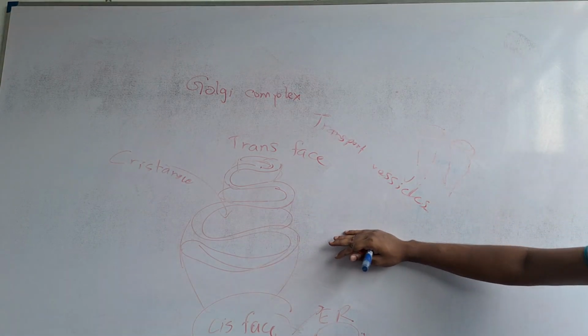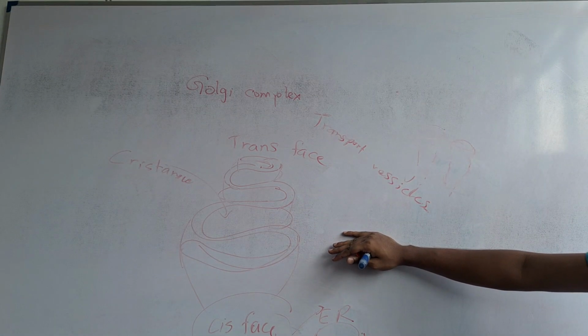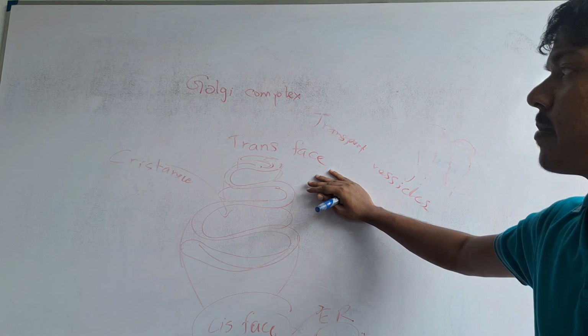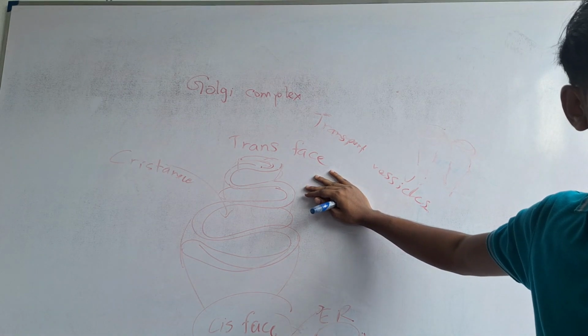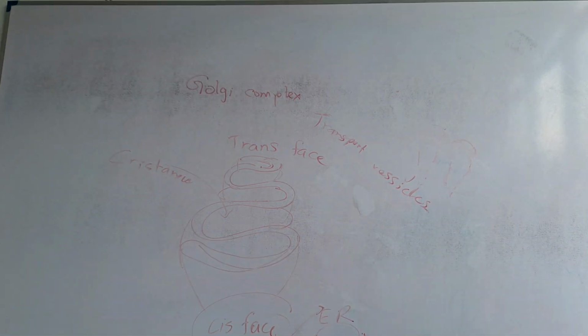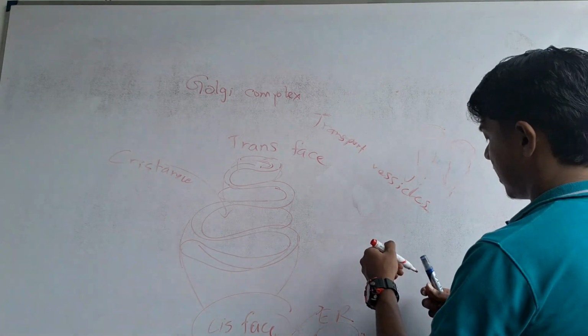Main function of the Golgi complex: production of transport vesicles, collecting, packaging and distribution of materials, and manufacturing cellulose and non-cellulose cell wall components.